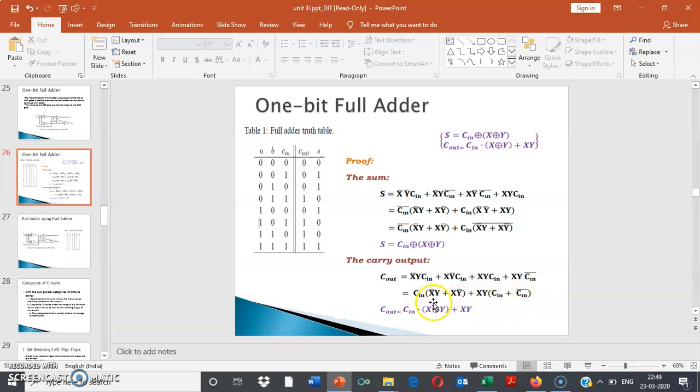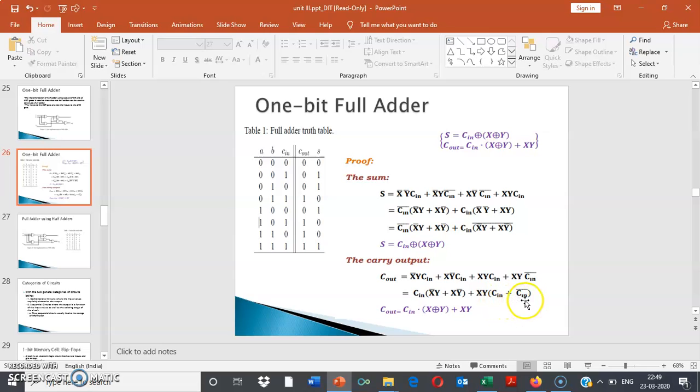So if you solve this, this will be C in into, now this is an XOR equation. So X bar Y plus XY bar is nothing but X XOR Y, plus XY. Now what is C in plus C in bar? That means it is A plus A bar, the OR gate. If A is 0, A bar will be 1.